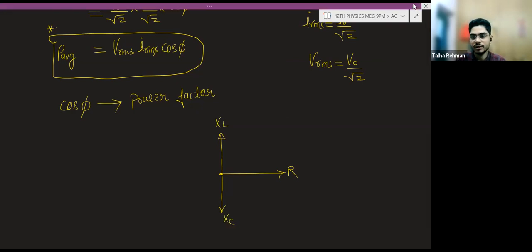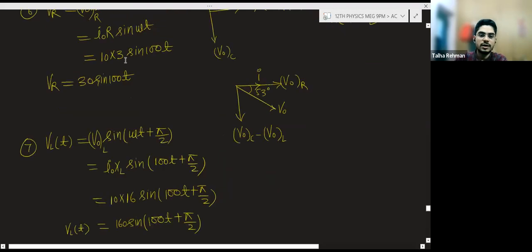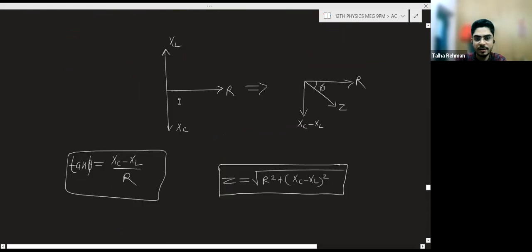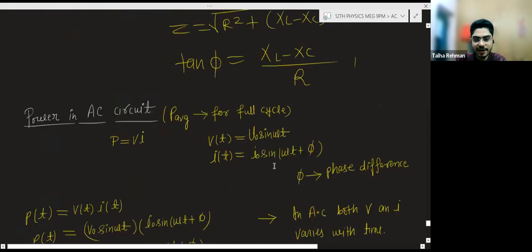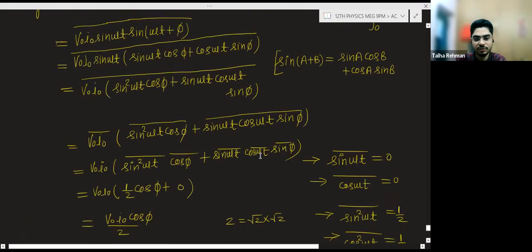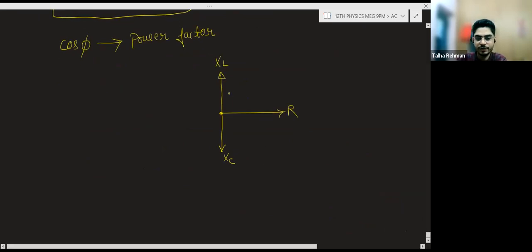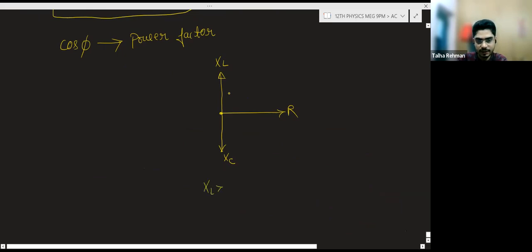I have told you this in the last class. This is the diagram of R, XL, and XC. This will be the diagram if XC is greater than XL. Revise your notes. We can take either XL greater than XC or XC greater than XL. I am taking XL greater than XC.